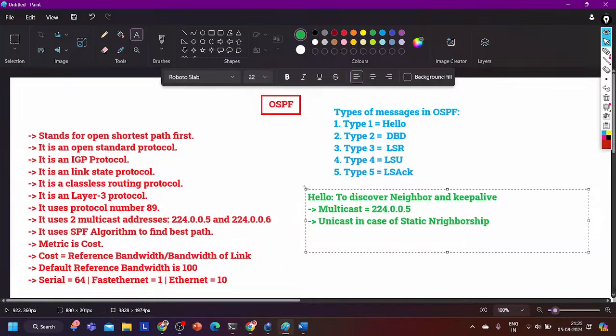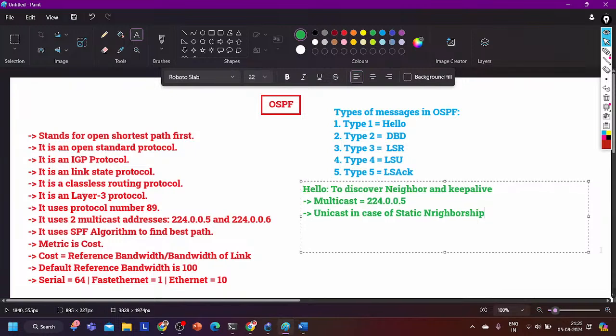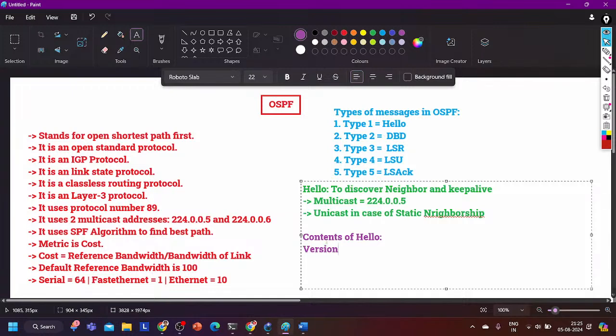If I talk about the contents of the hello message, what information is the hello message going to carry? First information is again the version, but that is not important for you. What is the version of OSPF? Then there will be the type of message, the opcode. The hello message is a type 1 message, right?